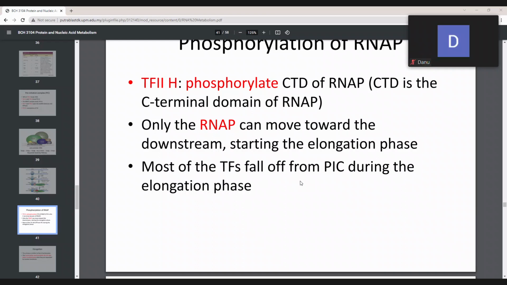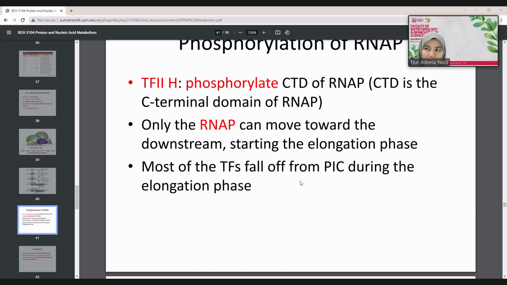The promoter is for binding, to initiate the transcription process. Once it initiates the transcription process, it will enter the elongation phase. That's why only RNA polymerase moves towards the downstream so that it can synthesize mRNA.